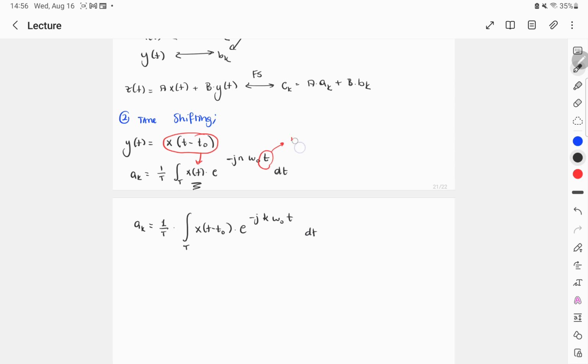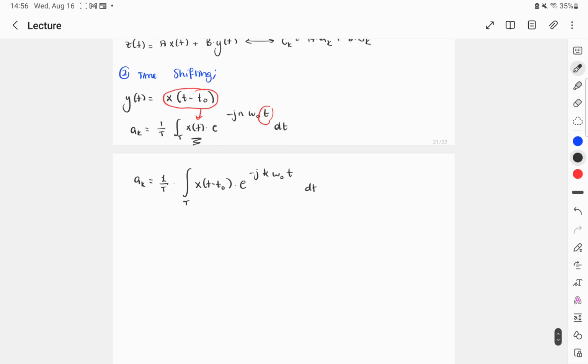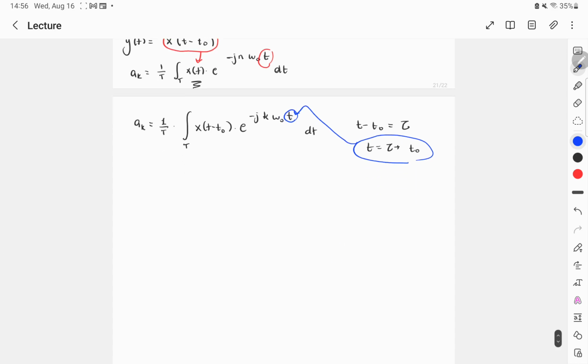I'm sorry, we will not change it. It will remain like this, and we will use a different technique, as I will show now. Instead of t minus t0, we will write tau, and t will equal tau plus t0. Let me write it this time. Instead of t, we will write t0 plus tau.